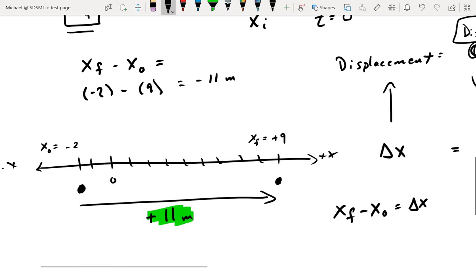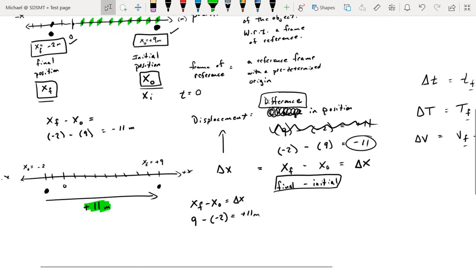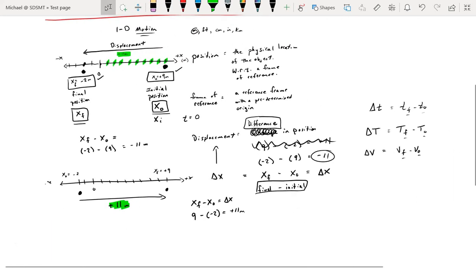The initial and final position values for this displacement have now switched places. I'm starting at negative 2, I'm ending at positive 9, and so if I take the difference in those values, I do in fact get the proper outcome of positive 11 meters. Alright, so that's our definition of displacement, delta x.